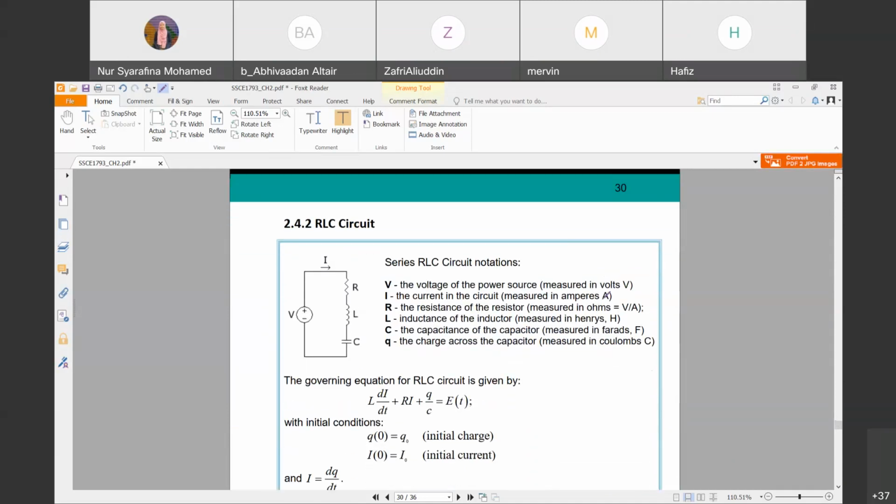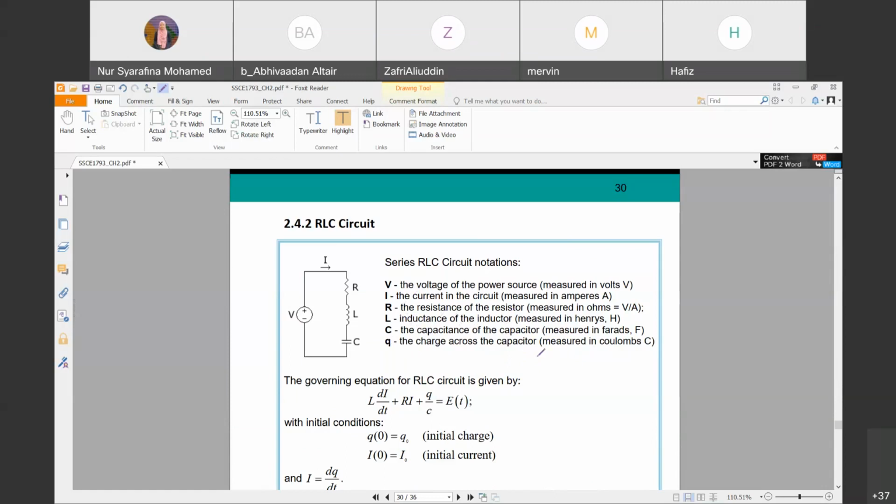This is the RLC circuit, where it involves V, I, R, L, C, and Q. What are those? V is the voltage, I is the current, R is the resistance, L is the inductance, C is the capacitance, and Q is the charge across the capacitor.